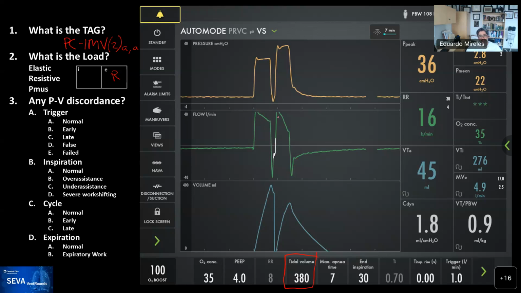On the second breath, you see a pretty aberrant form of the flow waveform that could be interpreted as the presence of PMOS. So during inspiration it is hard, but just by looking at the amount of resistive load on the expiratory side, this makes me think that this is actually, because I don't see any evidence of PMOS during triggering, and there's no triggering here, the question is: is there evidence of PMOS behind this, or is there a very high resistance? So I'll put resistance versus PMOS.